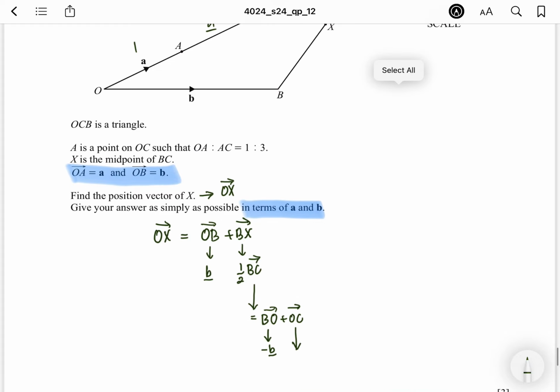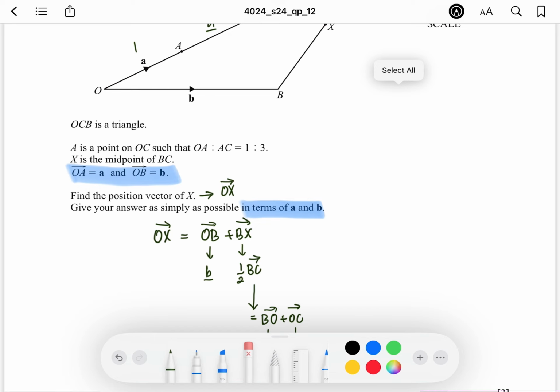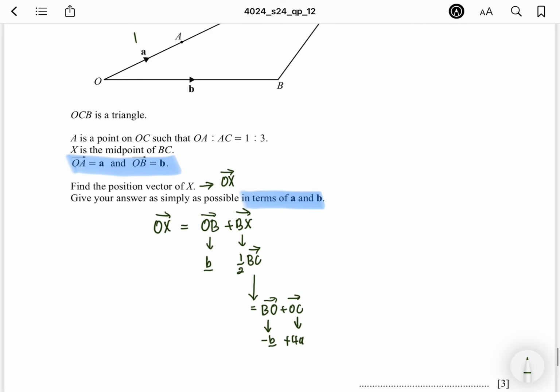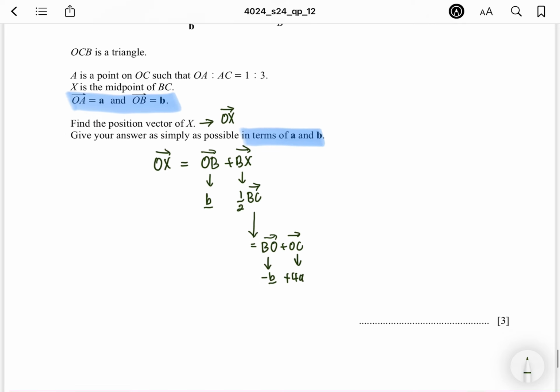It's not magic. Alright. So we're going to combine everything. We have everything now. OX equals OB, which is B, plus half BC.